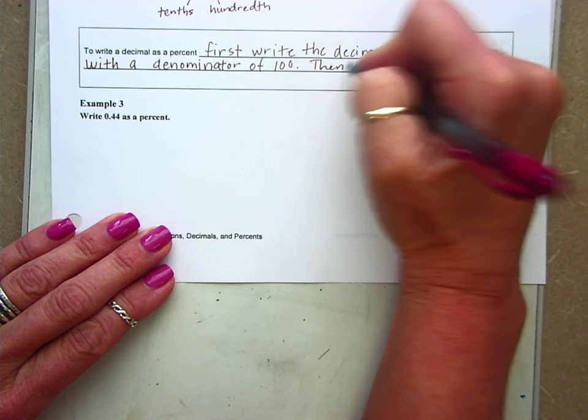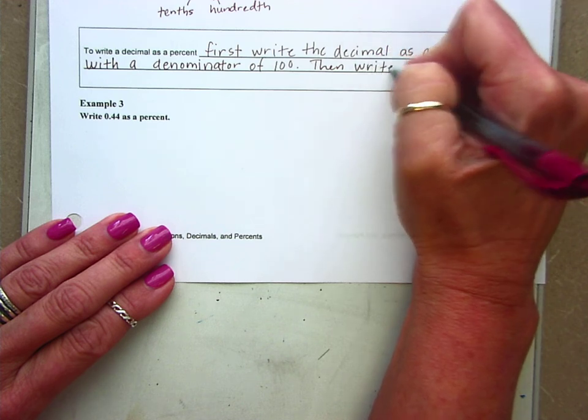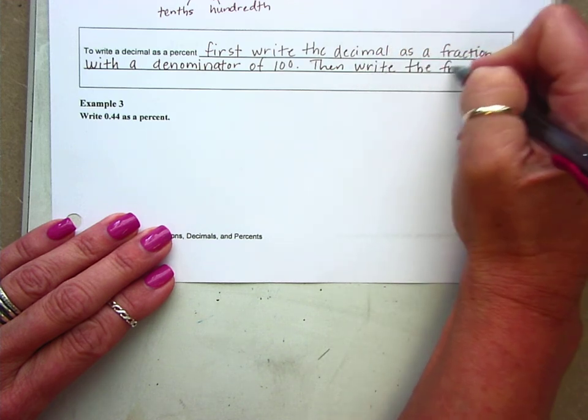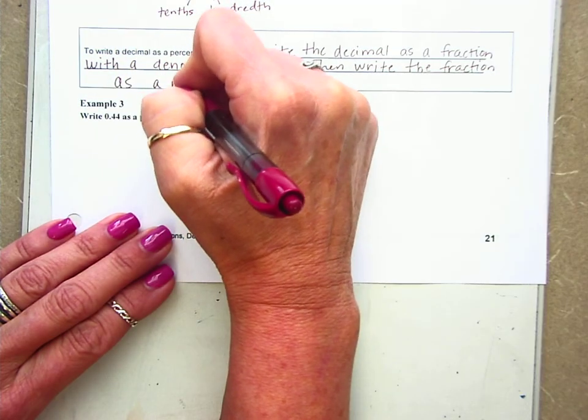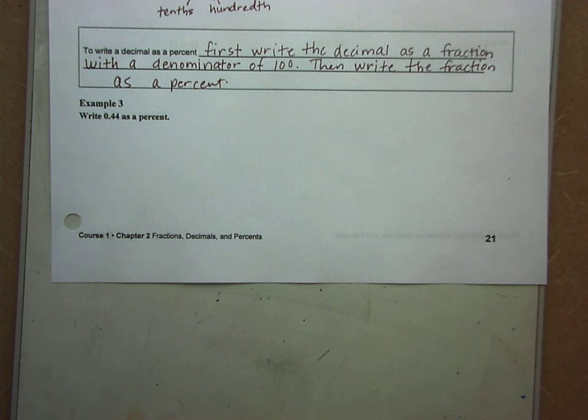Then write the fraction as a percent. So to write a decimal as a percent, you first write the decimal as a fraction with a denominator of 100. Then write the fraction as a percent.